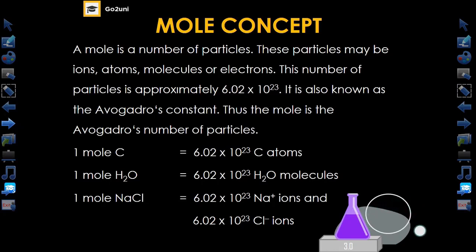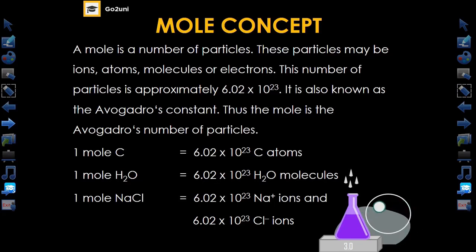For example, 1 mole of carbon contains 6.02 times 10 to the power 23 atoms in it. 1 mole of water also has 6.02 times 10 to the power 23 water molecules. 1 mole of sodium chloride will have 6.02 times 10 to the power 23 sodium ions, and the same number of chloride ions.